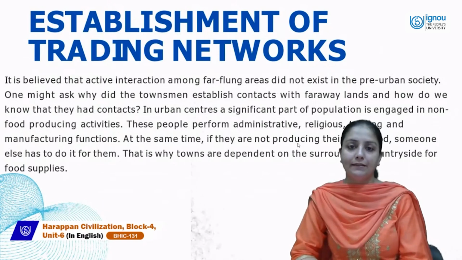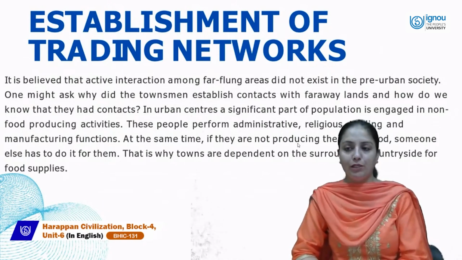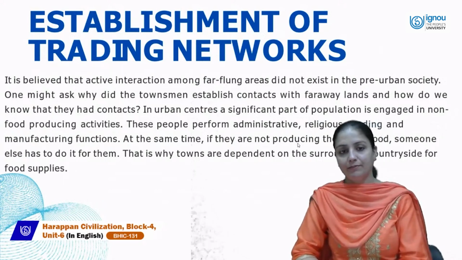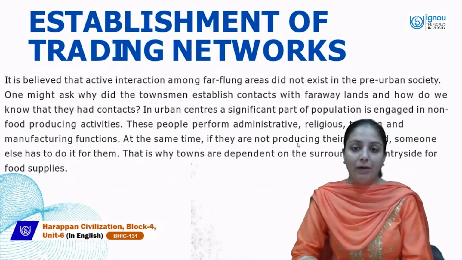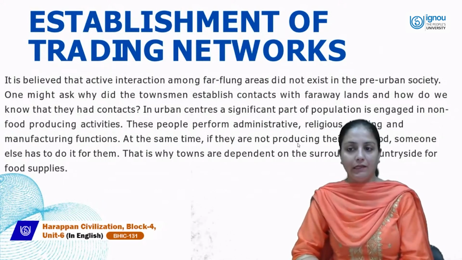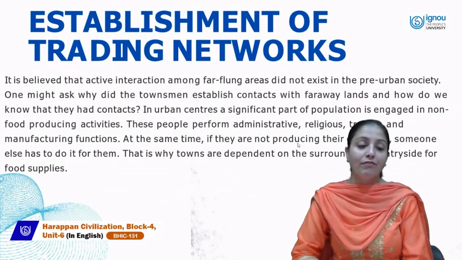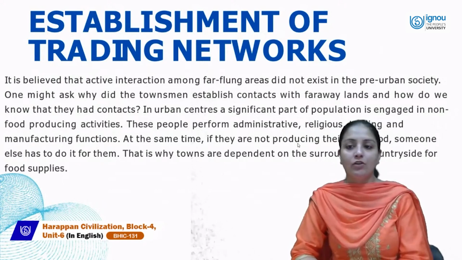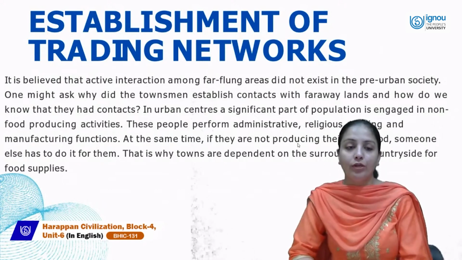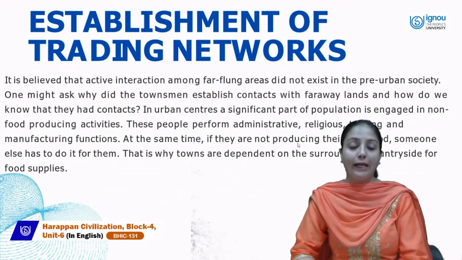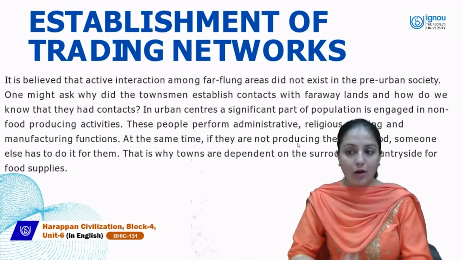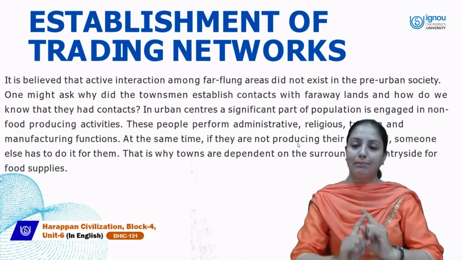In urban centers, a significant part of the population is engaged in non-food producing activities. These people perform administrative, religious, trading and manufacturing functions. At the same time, if they are not producing their own food, someone else has to do it for them. That's why towns are dependent on the surrounding countryside for food supplies.